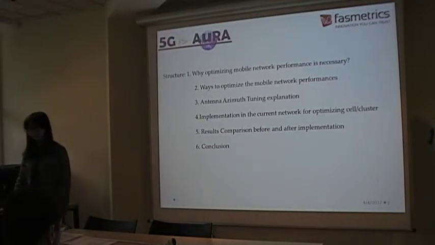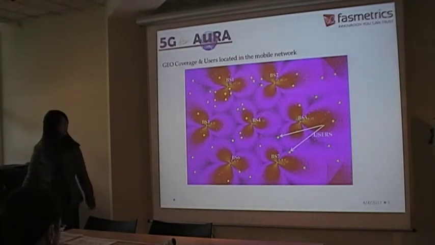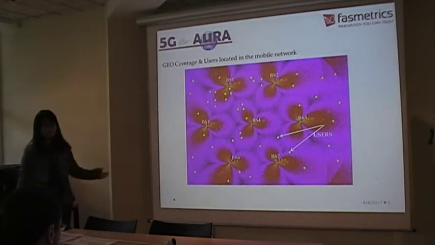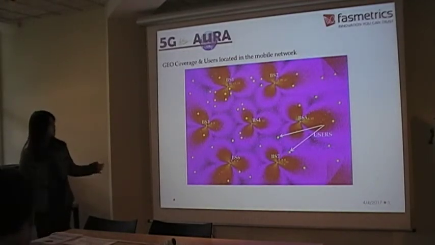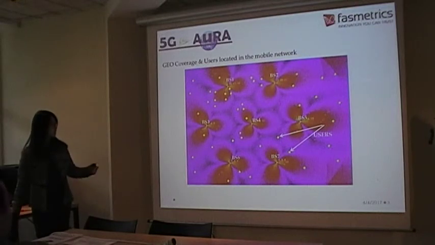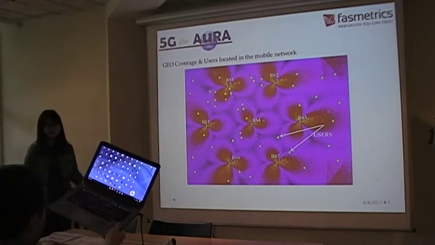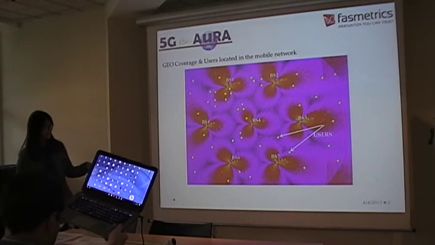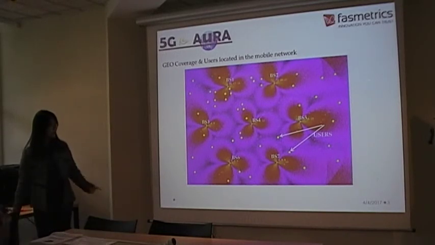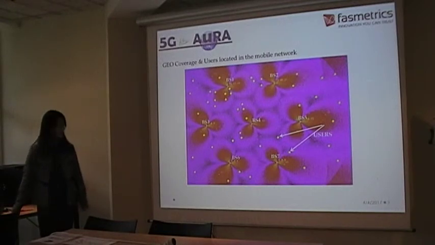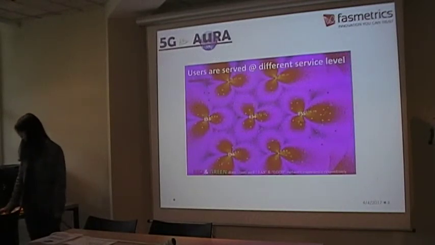So following the topic here, you can see this is a geographic coverage in the radio network systems, which is composed of 7 base stations here. And the yellow dots here represent the users who are randomly distributed in the systems.